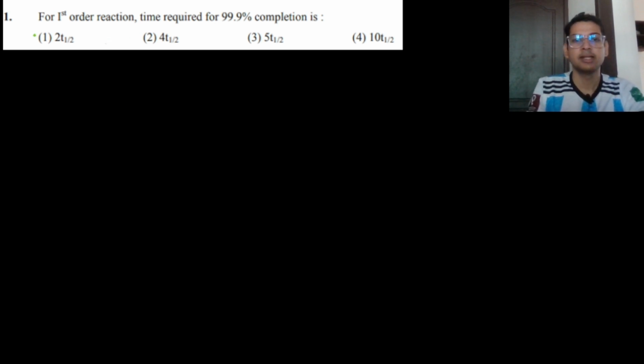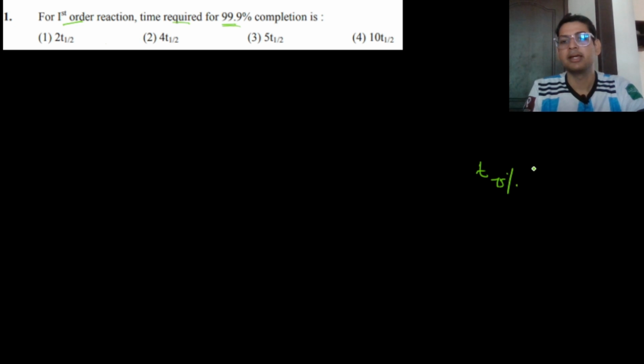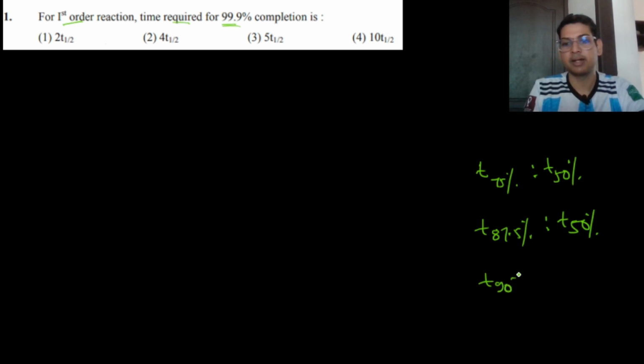It is given for a first order reaction, the time required for 99.9% completion. The first thing I want to tell you is the relation of T 75% to T 50%, T 87.5% to T 50%, T 90% to T 50%, T 99% to T 50%, then T 99.9% to T 50%.